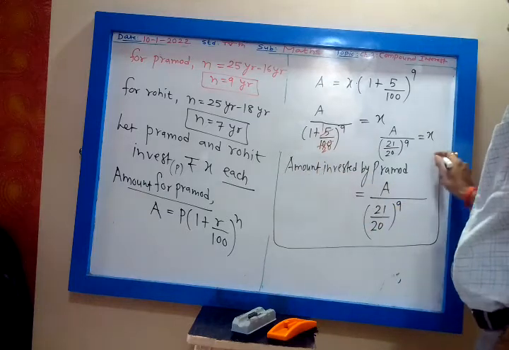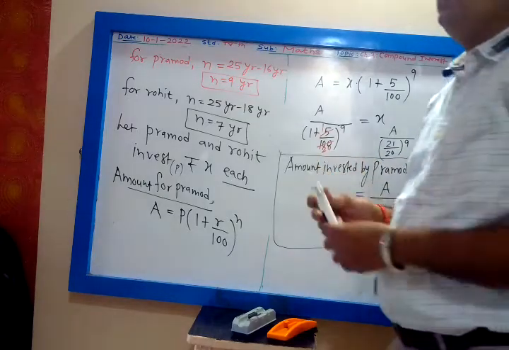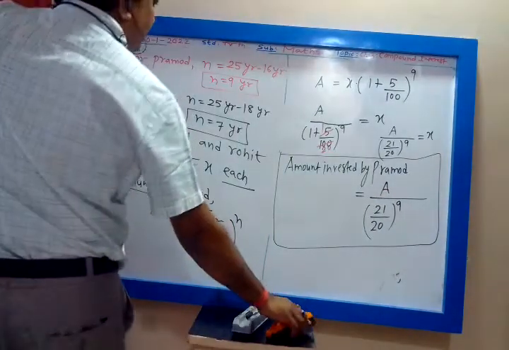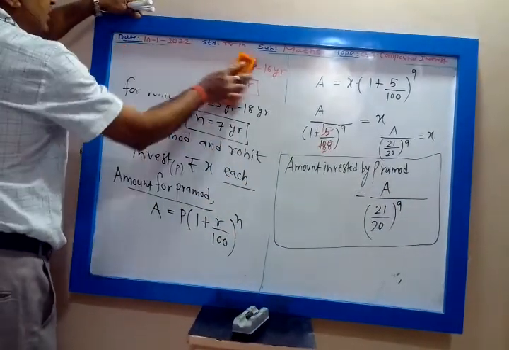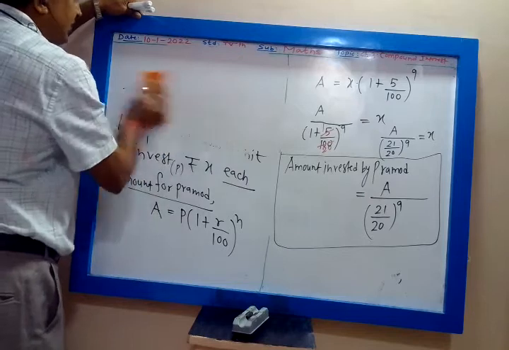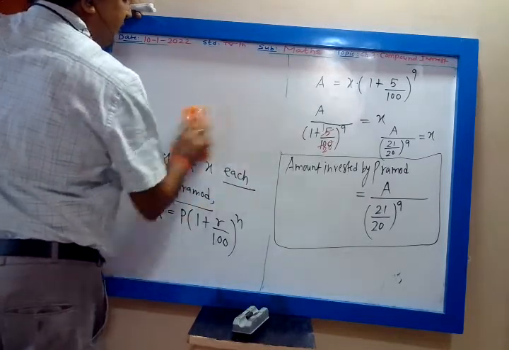Similarly, you find the amount invested by Rohit. Rohit has invested for 7 years.